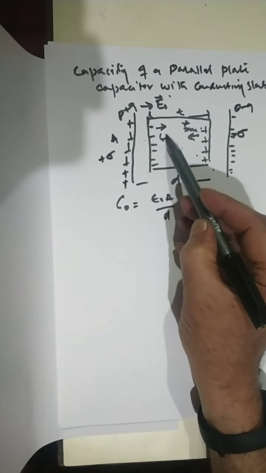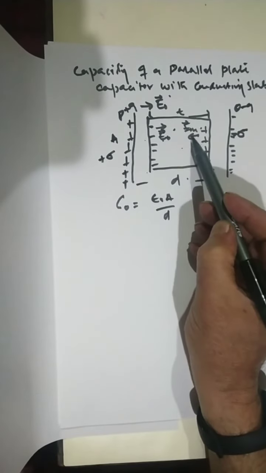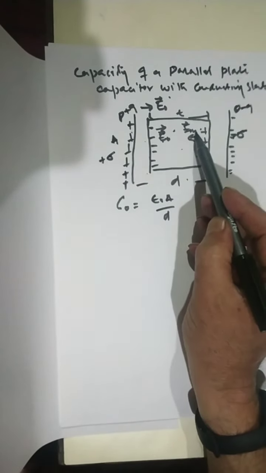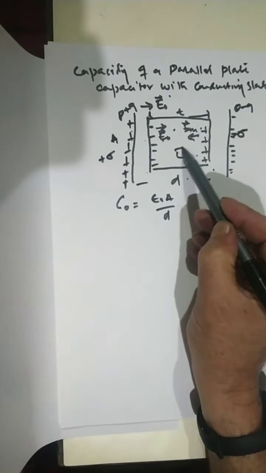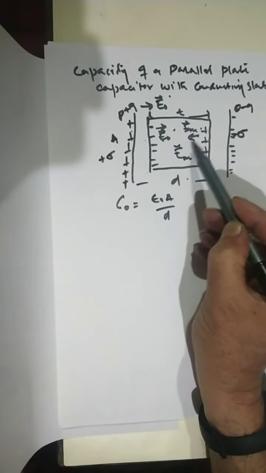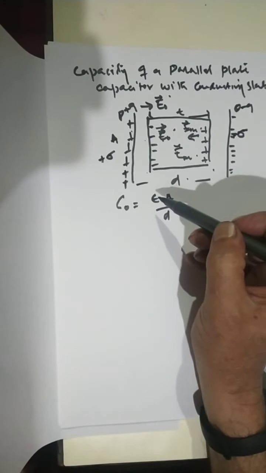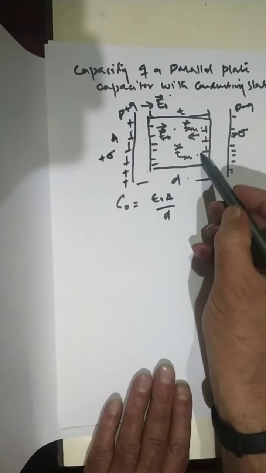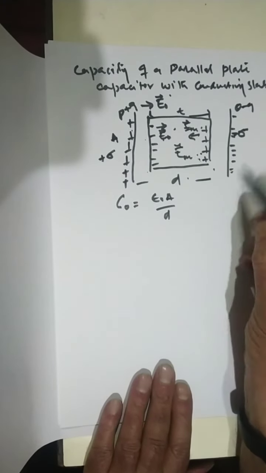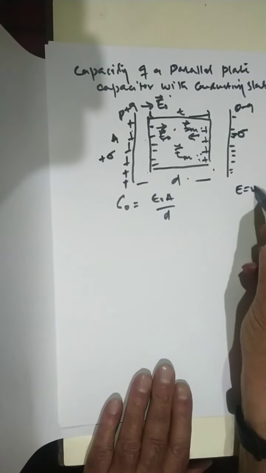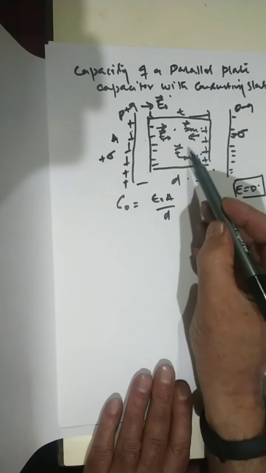E is in this direction from left to right, and the induced field E induced is from right to left. Since these are equal and opposite, the net field inside a conducting slab is zero.